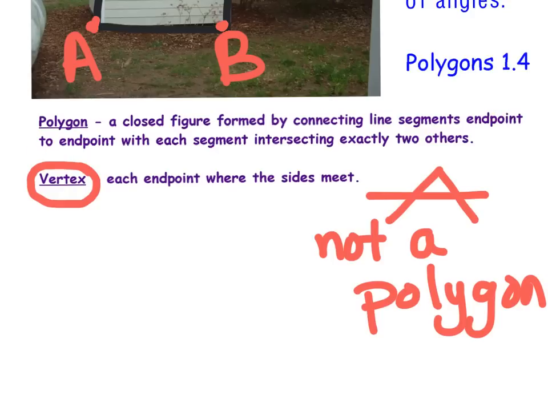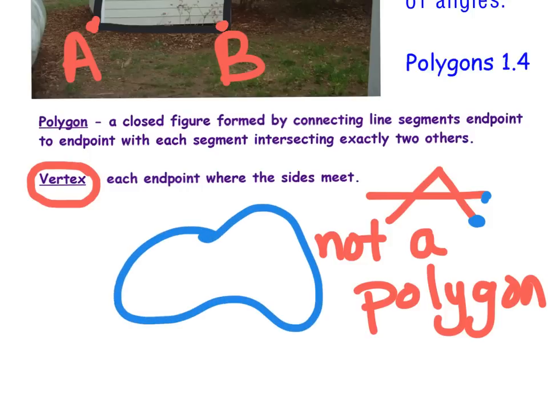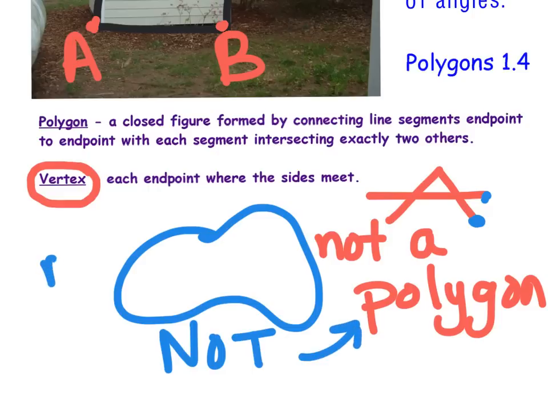It also says connecting line segments endpoint to endpoint. So here's an endpoint, but it's not connected, so that is not a polygon. What if we draw something like this? Is that a polygon? No, it's not a polygon, because it doesn't even have segments.